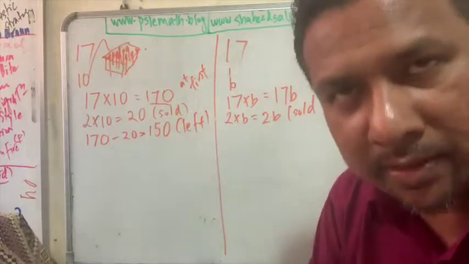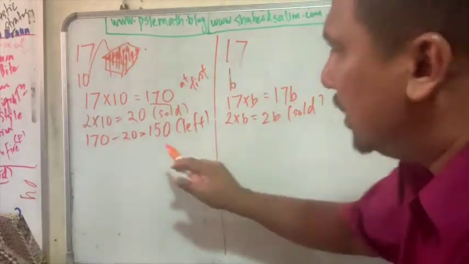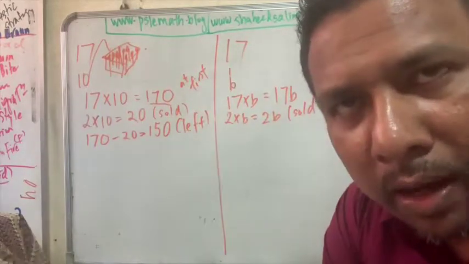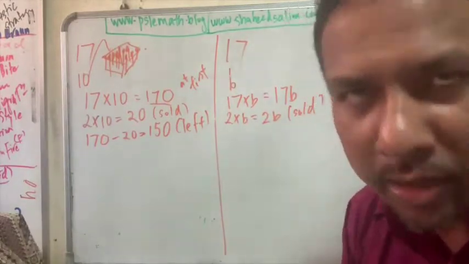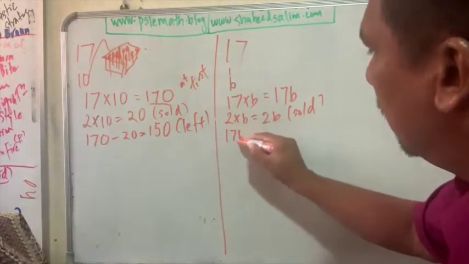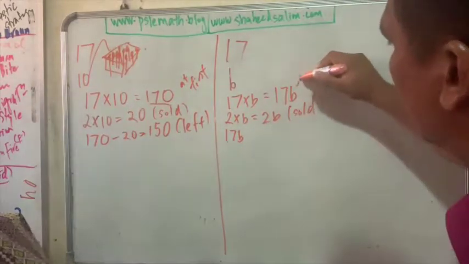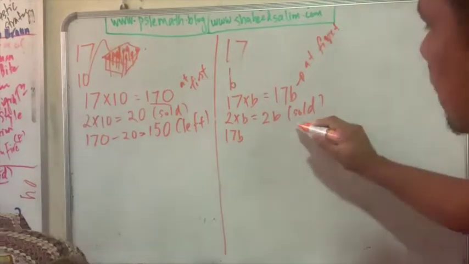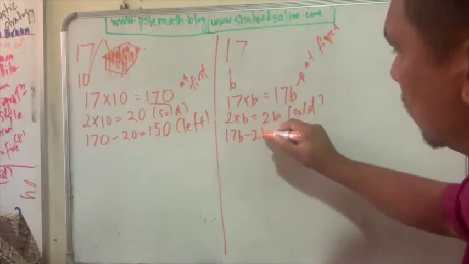Easy? Do the same thing, because this is a logical process. Remember, in algebra, your letter is actually a number. So we take 17B, the number of candles at first, and 2B is the number of candles sold.